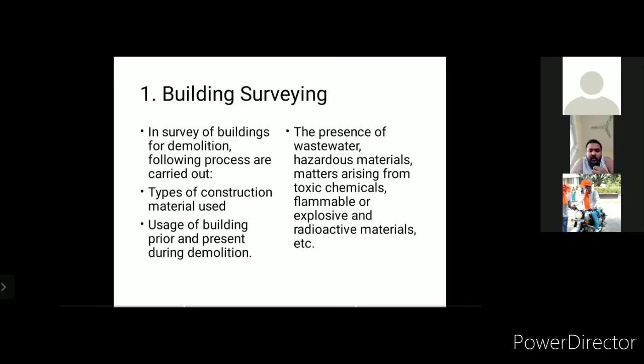In building surveying, the following things are studied.